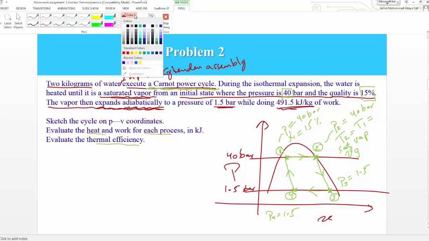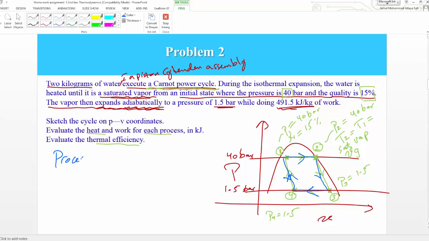I can make it now in a different color, and start with process 1 to 2.